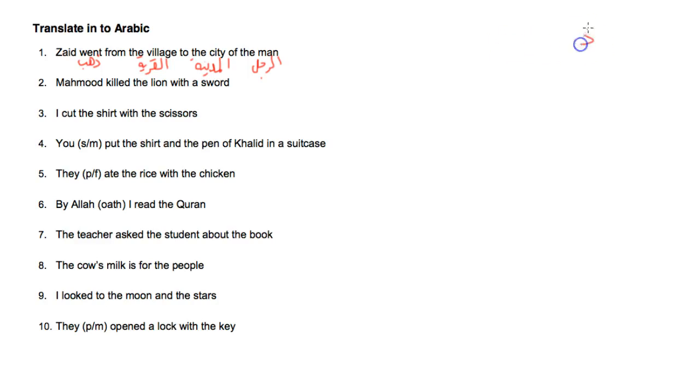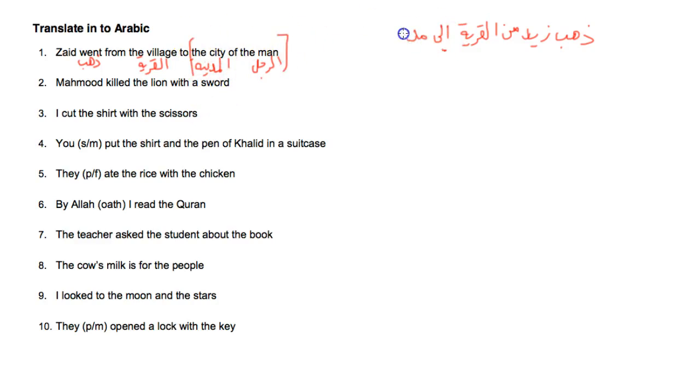So dhahaba, or rather dhahaba Zaid, from is min al-qarya, ila, al, so this is an of rule over here, the city of the man.